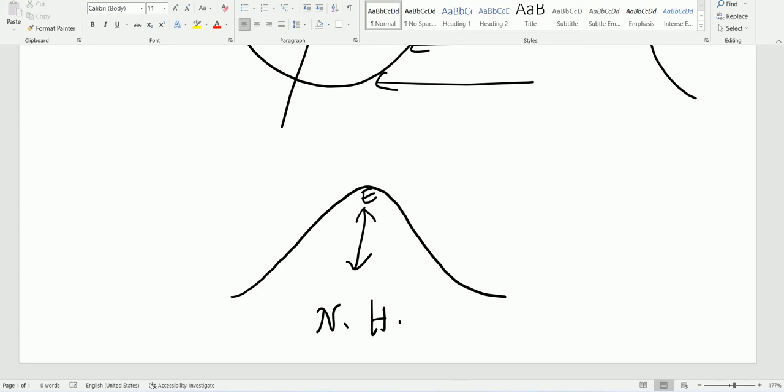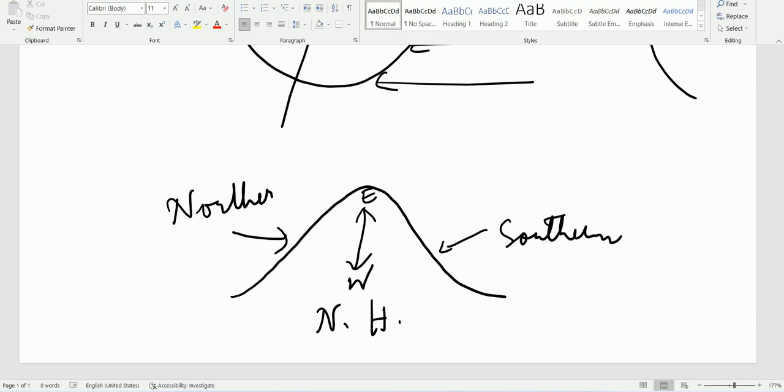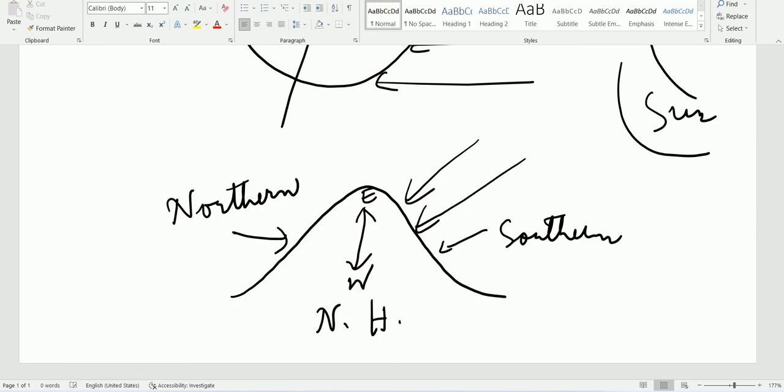Let us say this side is east, this side is west, and that means this side will be the southern side of the mountain, and this side will be the northern side. So if the mountain range is in the northern hemisphere and is running in the east-west direction, then here we have the sun. The southern side of the mountain will receive more sunlight than the northern side.